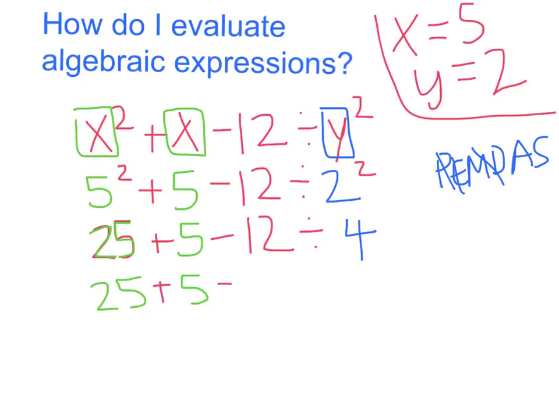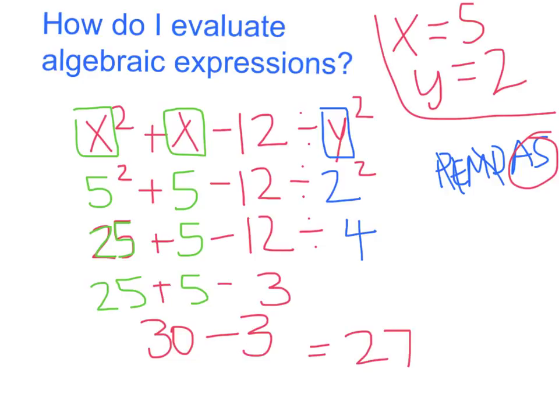And 12 divided by 4 is 3. And then I have 25 plus 5 minus 3. Now I can do adding and subtracting, and that's left to right. So I'm going to do 25 plus 5 first, which is 30. Then subtract 3, and you get an answer of 27.